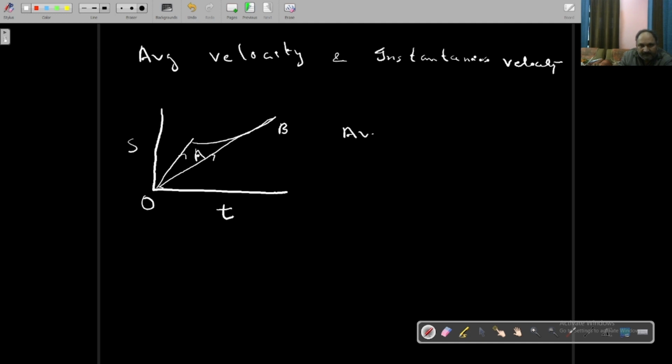Then average velocity is equal to displacement upon time taken.